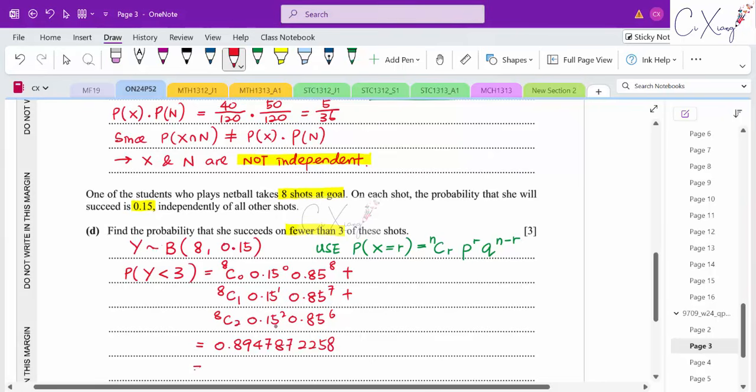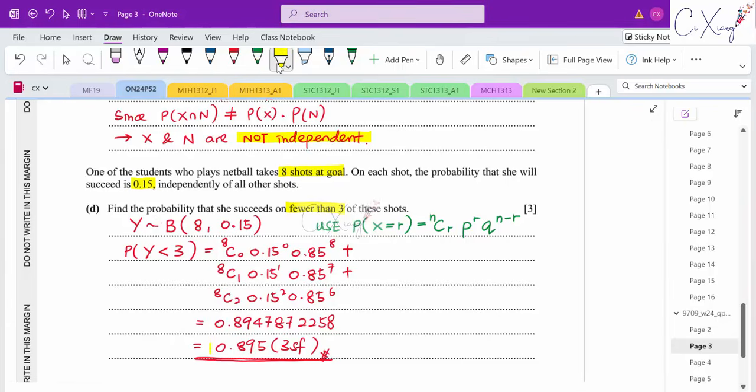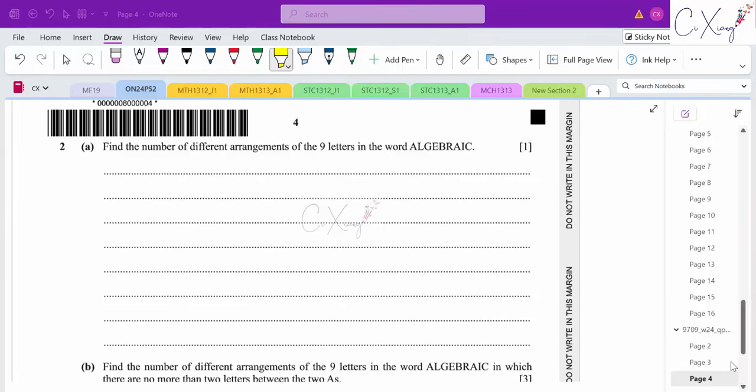Of course, we cannot keep the answer so long, so we simplify it to 3 significant figures. Alright, so this is what we have for question number 1.